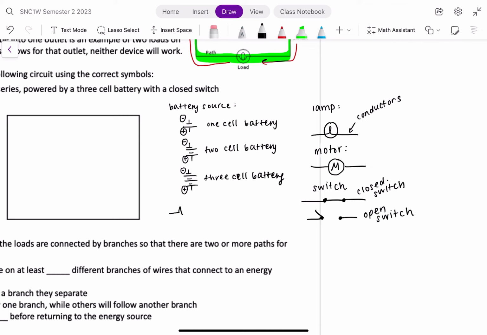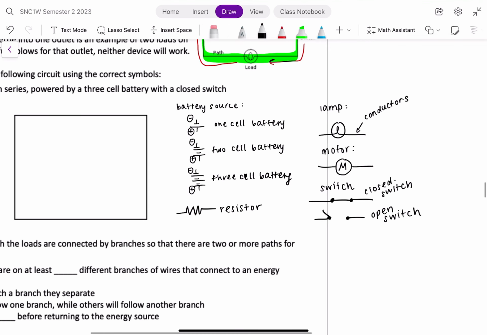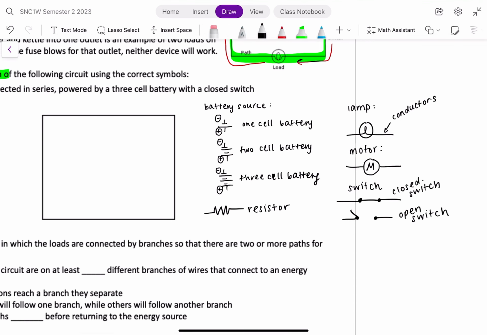There's also something called a resistor. And that's it for now.